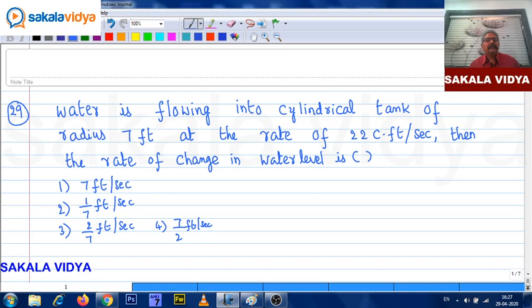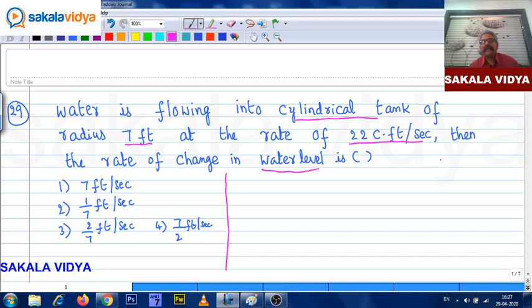So now water is flowing into the cylindrical tank, radius 7 feet at the rate of 22 cubic feet per second. That means dV by dt is given. Then the rate of change in the water level, that means the rate of change in the height, you need to find out.